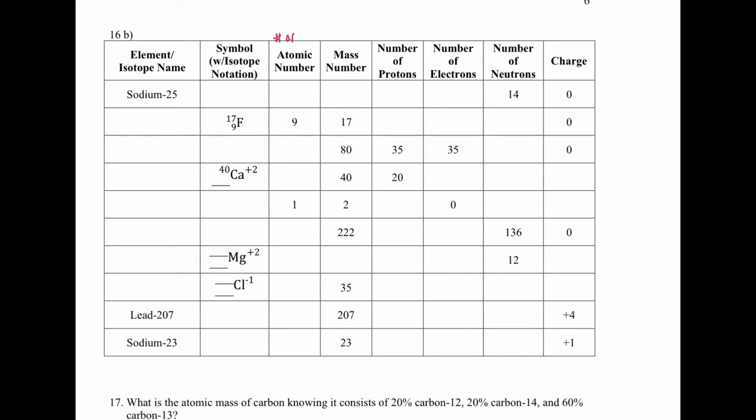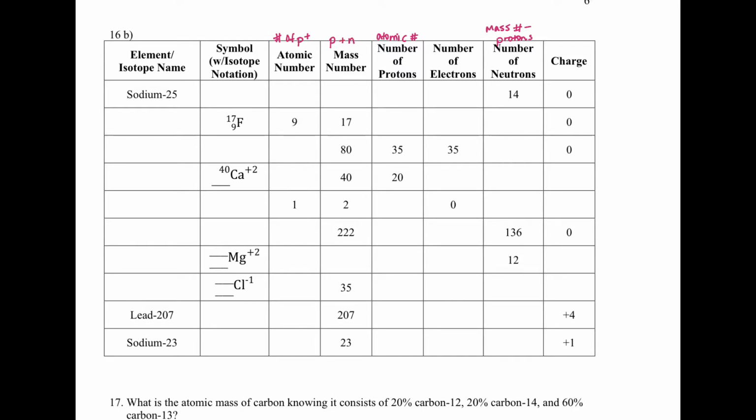So let's just jot some reminders down to ourselves in the heading. The atomic number is equal to the number of protons, and the number of protons is equal to the atomic number. Okay? We also talked about how the mass number is the sum of the protons plus the neutrons, which means that our number of neutrons would be the mass number minus the protons.